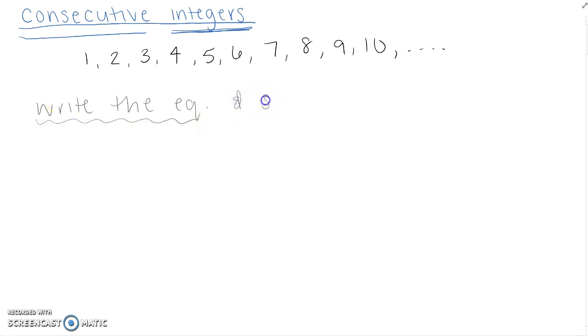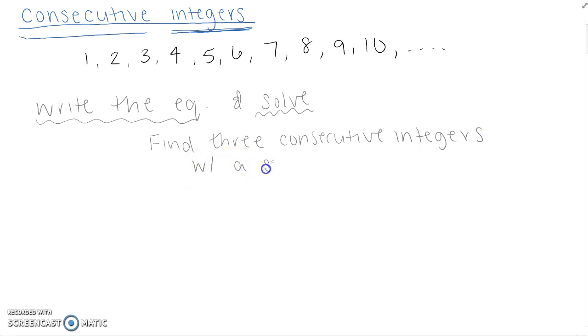All right. Find 3 consecutive integers with a sum of 21.